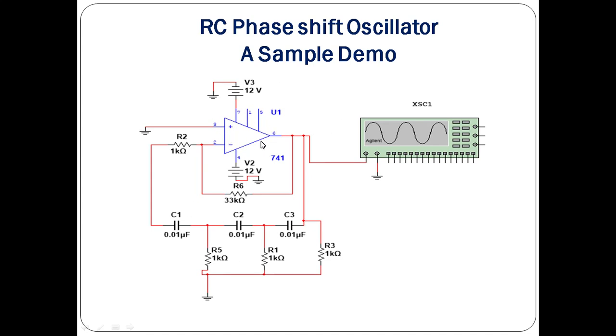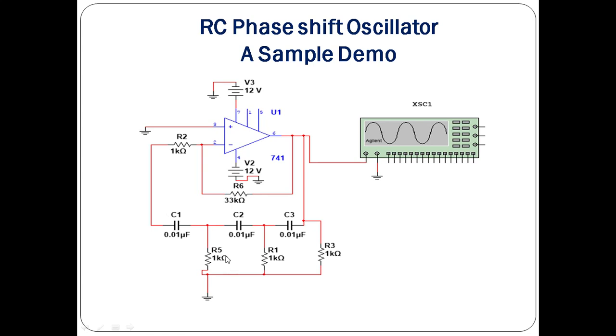The RC phase shift oscillator, the name comes because of the use of series of RC networks. Here the three stage network is connected. This is one pair, this is a second pair, third pair.